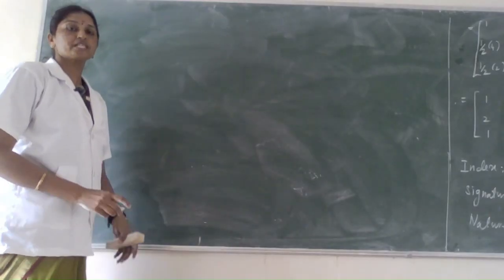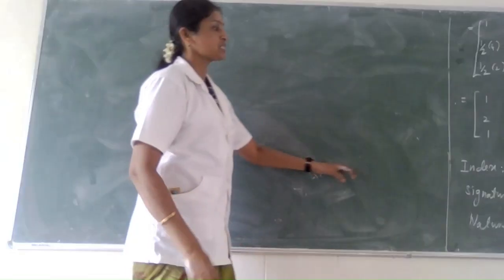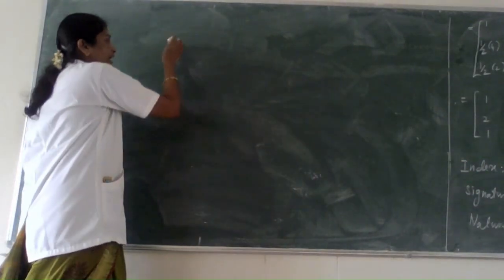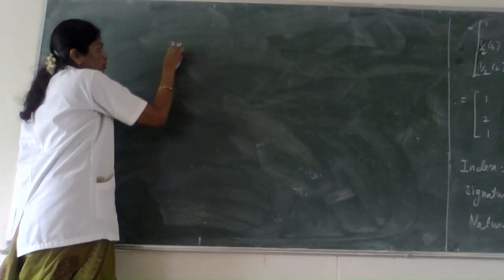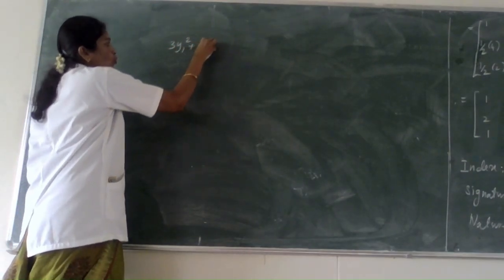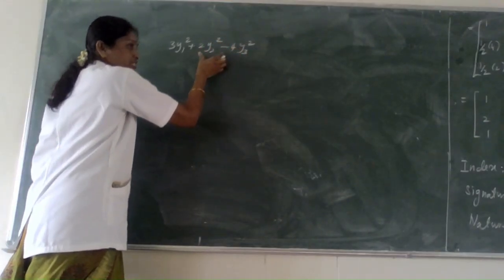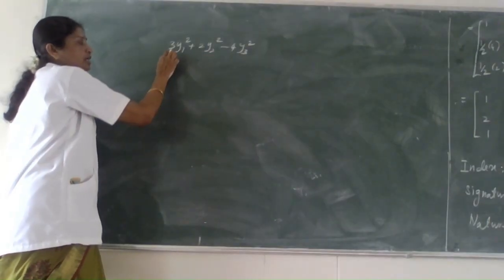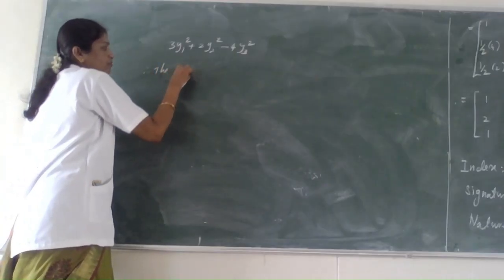Now we are going to see one example of nature. All the natures we have to find using canonical form. So we write the canonical form 3y1 squared plus 2y2 squared minus 4y3 squared, which is an example of canonical form. So the eigenvalues are 3, 2 and minus 4.